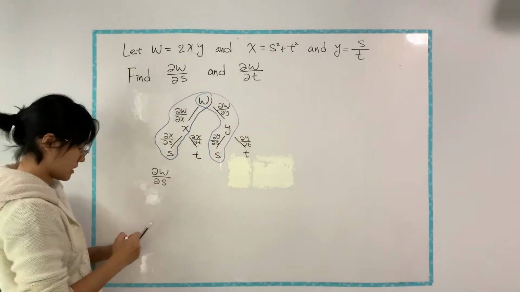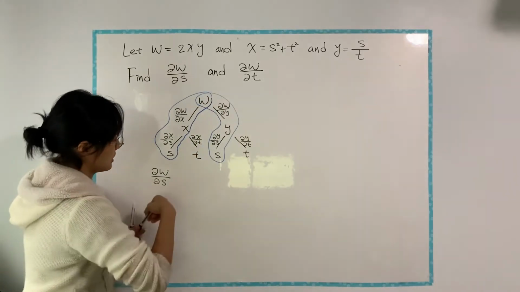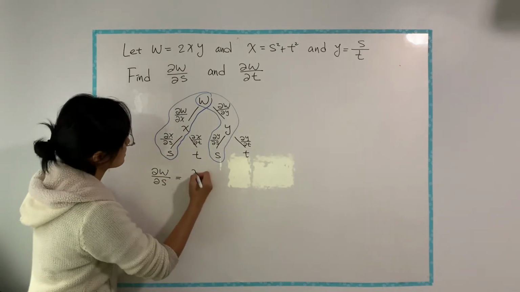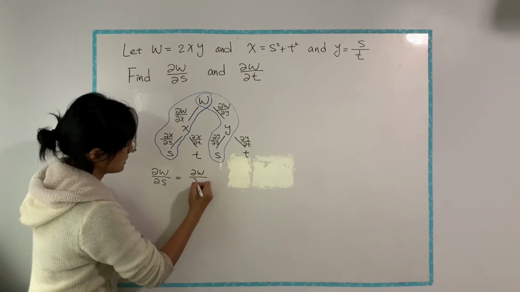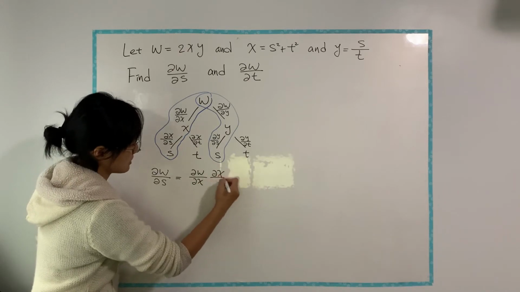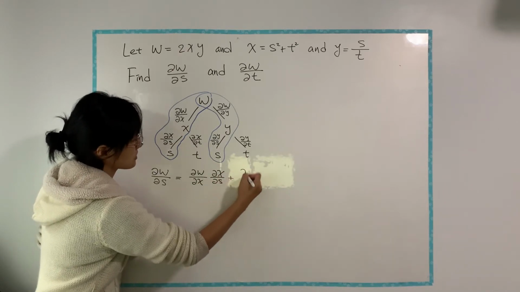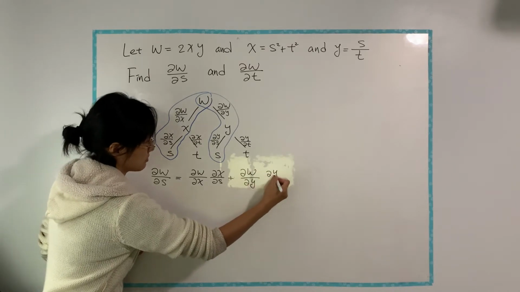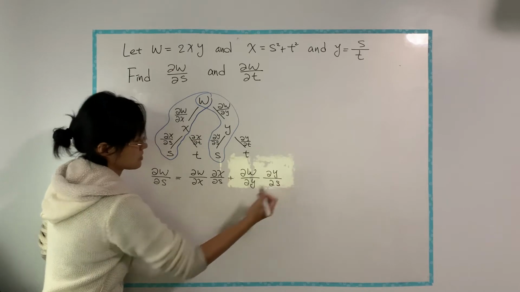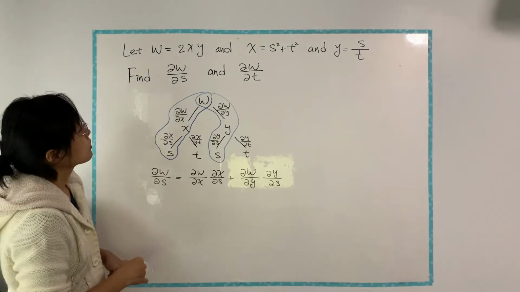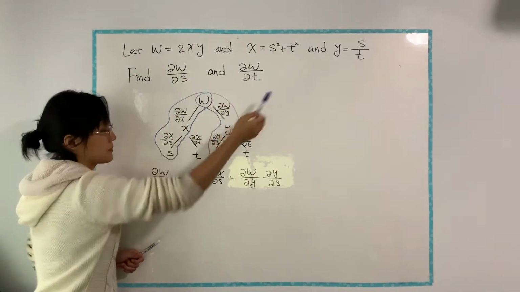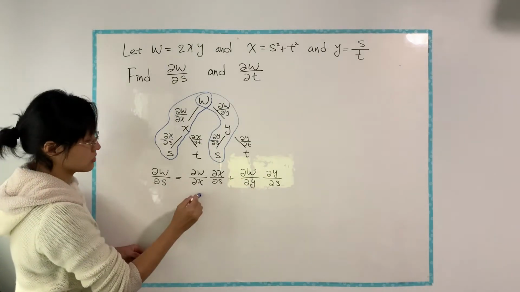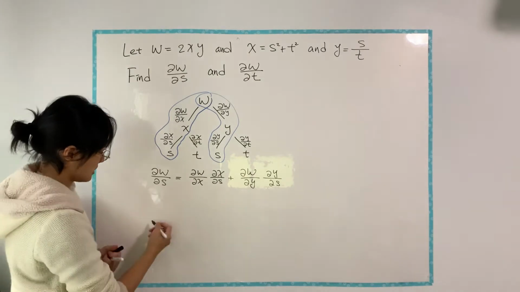Okay? So now I read the diagram, it tells me dw ds is equal to dw dx times dx ds plus dw dy and dy ds. Okay? So with the given functions up here, I can easily find the partial derivatives and plug those into the formula, then I'll be okay.